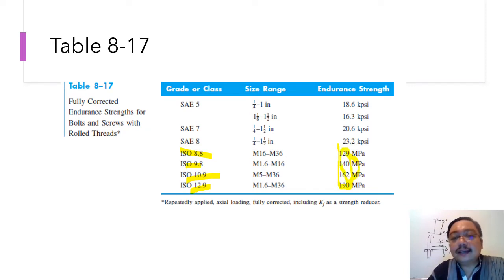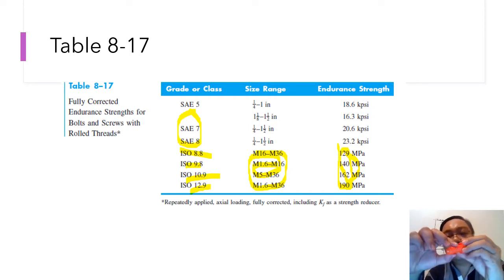So the higher the grade, the higher the strength it can withstand. And the bolt size is also bigger. If you remember, there is a video I made on how to write the size for the bolt, for example M16 by 2, meaning the size of the bolt itself.